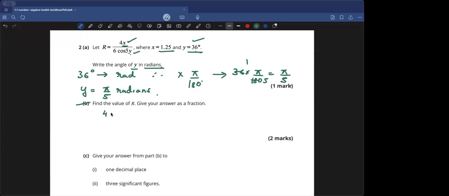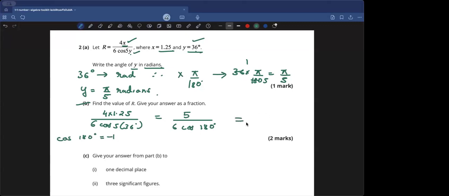So 4 times 1.25 over 6 cos 5 times 36 degrees. Calculating further, this is 5 over 6 cos 180 degrees, and cos 180 degrees is minus 1. Therefore, it's going to be minus 5 over 6.